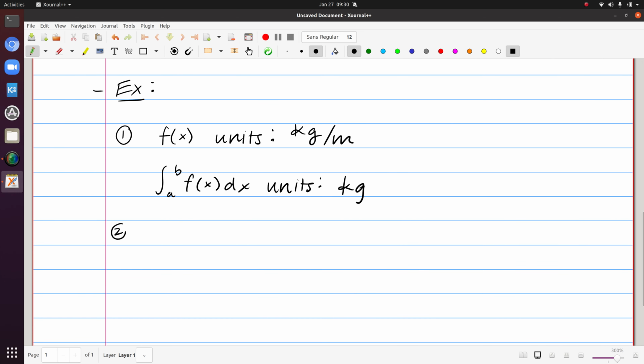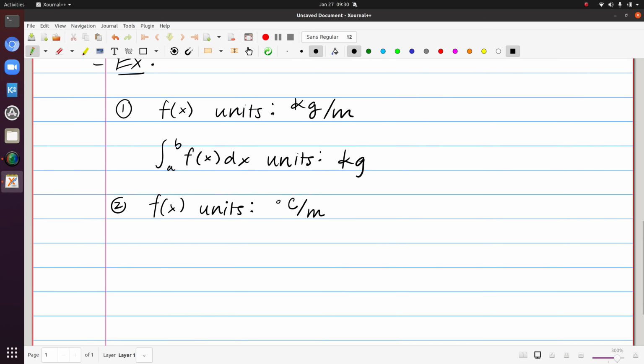We could have something involving, say, temperature. So maybe f of x is measuring the temperature per meter, so that if I were going to integrate such a function, then again, thinking about the input units being meters, the integral would give me the units of just temperature.